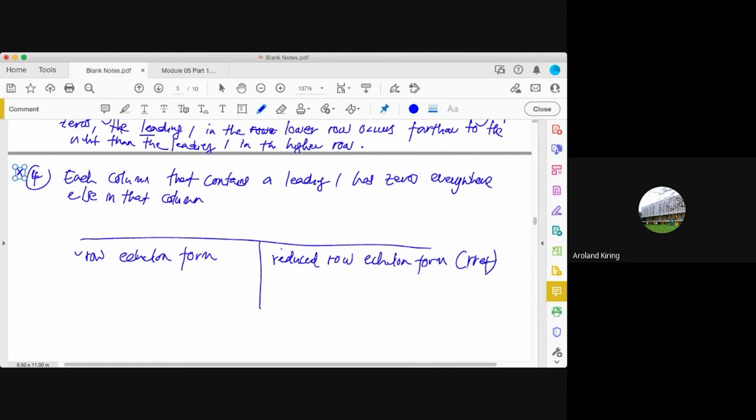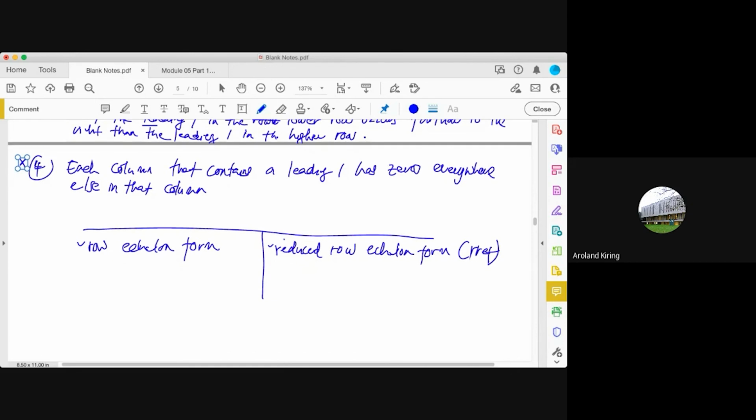So both are also solutions. Okay, so the difference is for RREF, you achieve properties 1, 2, 3, and 4. But for row echelon form, you only achieve properties 1, 2, and 3. So number 4 you didn't achieve, but it's still a solution.